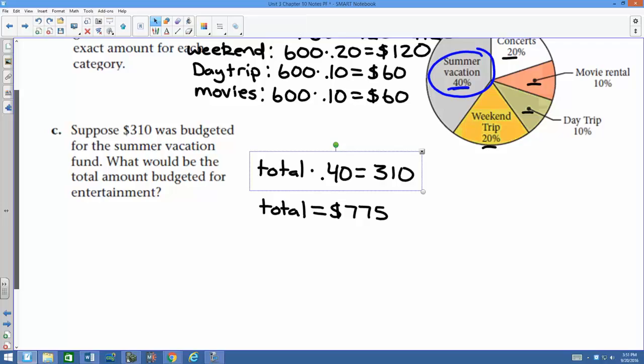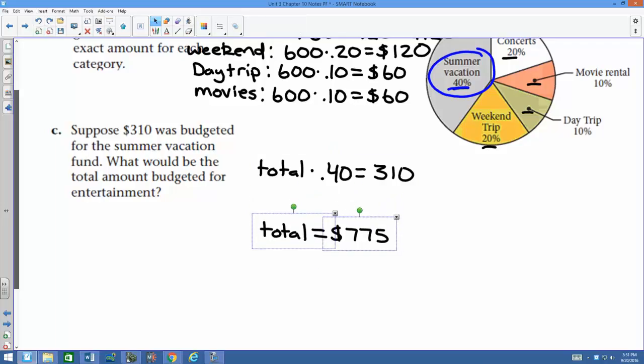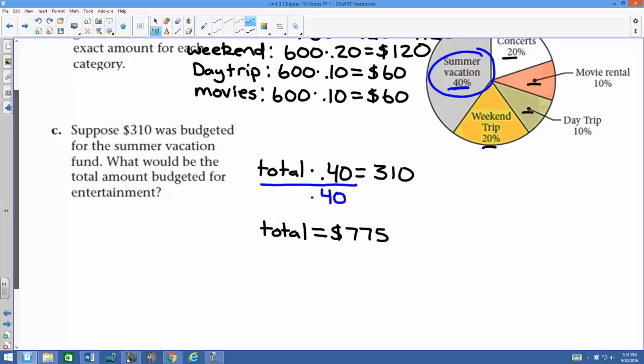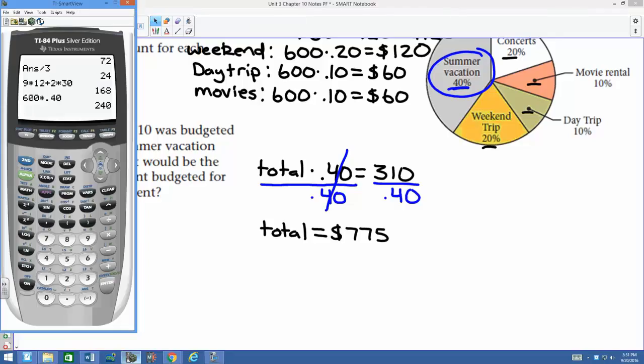So how do I get the total by itself? So I have the total times 40%. So the opposite of that would be divide by 40%. What I do on one side, I need to do to the other. So these would cancel out. And if I take 310 divided by 0.4, I get 775.